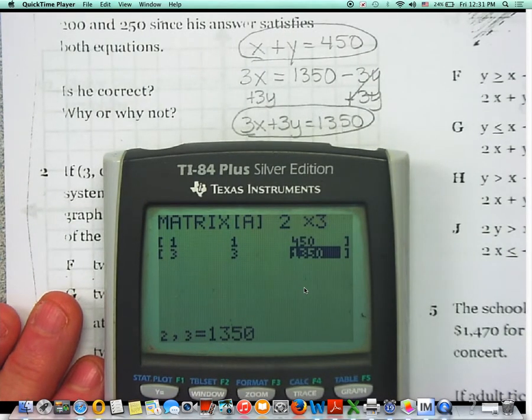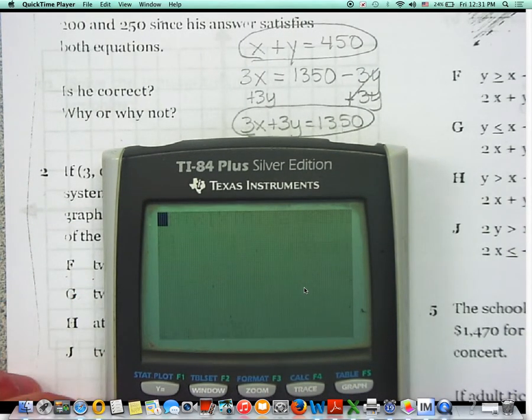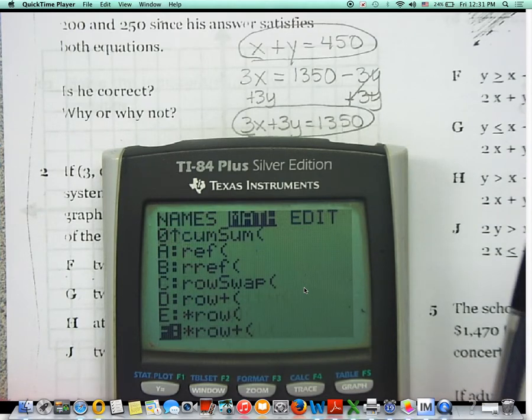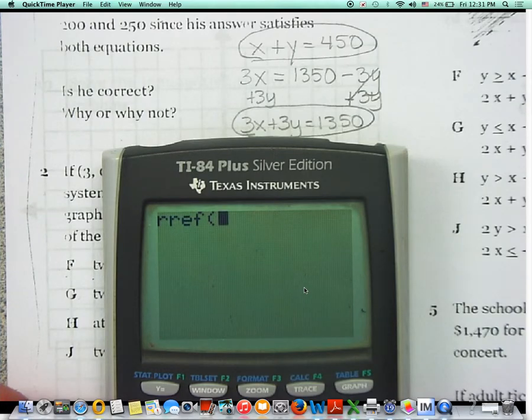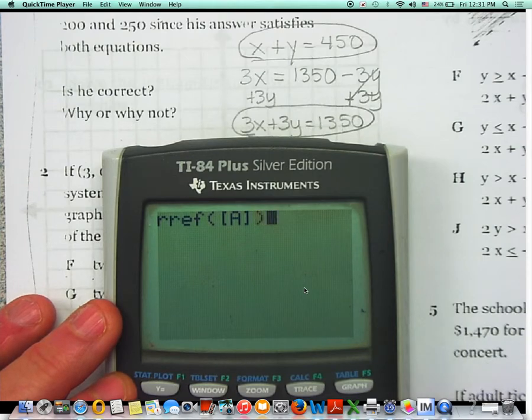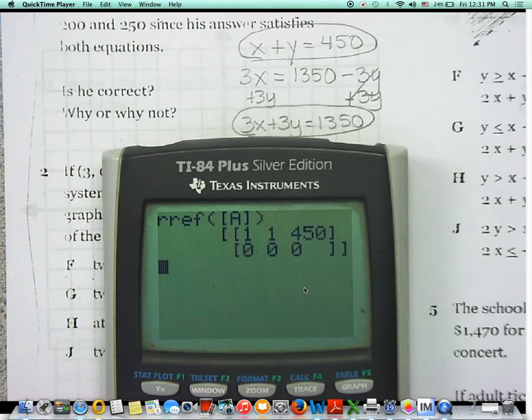Okay, and then from there, we're going to do second quit, and then second matrix again, over to math. I'm going to go up to RREF, and then second matrix again, and I'm going to place matrix A, the one that I worked on, in there, and I get this matrix.